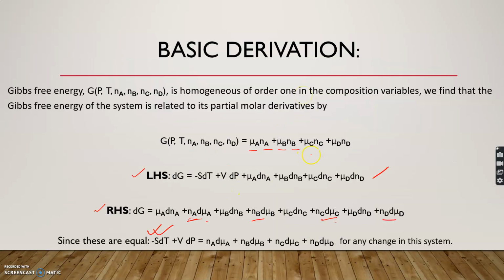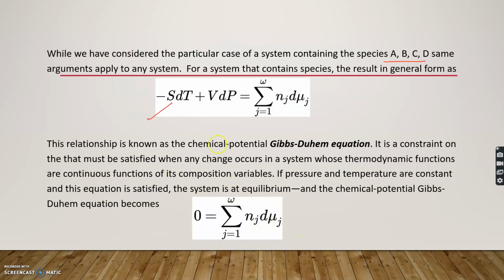As you can see here, Na d mu A plus Nb d mu B plus Nc d mu C, so we can put a general equation here by summing up these values. This relationship is known as the Gibbs-Duhem equation.